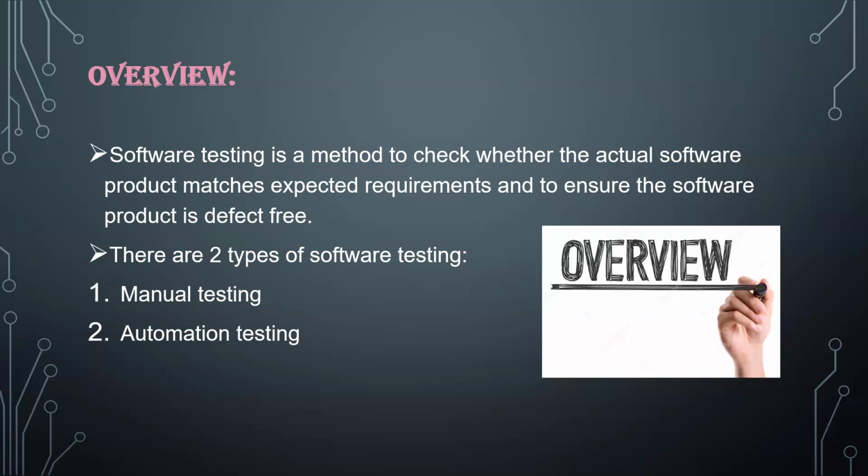One more example: in 1963, the bank accounts of some 800 people in the US were credited with 920 million dollars. This was again one of the biggest accidents in human history, just because of bugs. So this is why we need to solve software errors, and for that, software testing is very important.